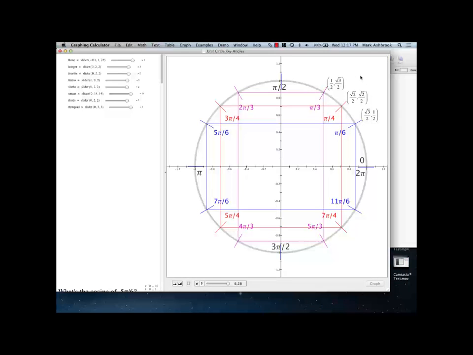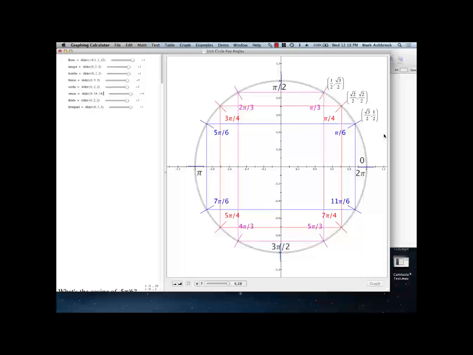So if you know those three, and of course you should know the top, bottom, left, and right side of the circle, that should be easy. But if you know these three, then you know the sine and cosine of every single key angle just by applying the right positive or negative to it. So in which quadrants is the cosine positive? Remember, this is 1, 2, 3, 4.